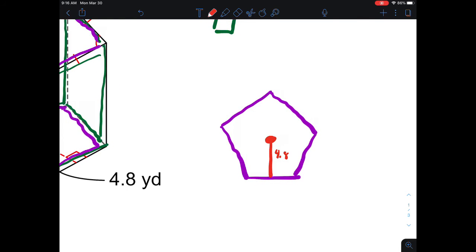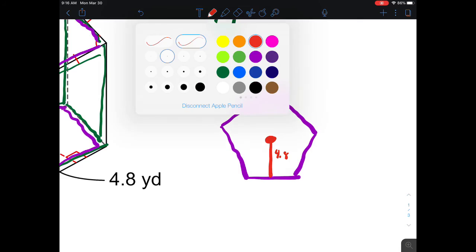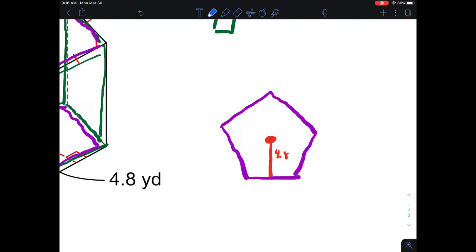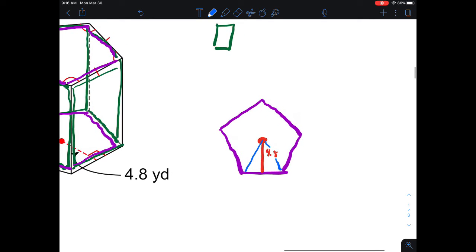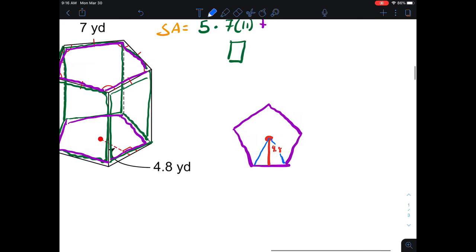Now, what that does is if I go from the center and draw lines to the vertices, you have a little triangle here where I could find the area of that triangle because I know that one of the sides of this pentagon is 7.